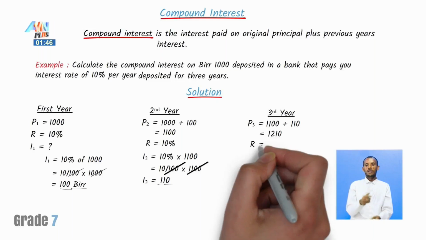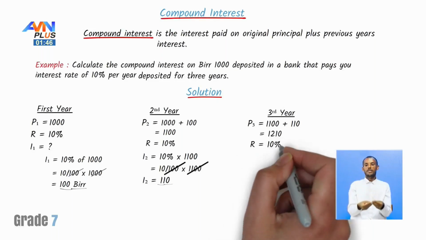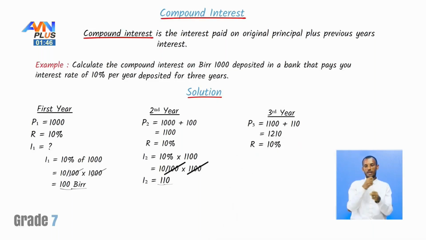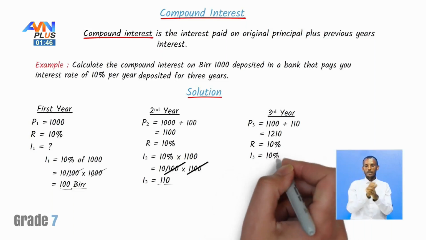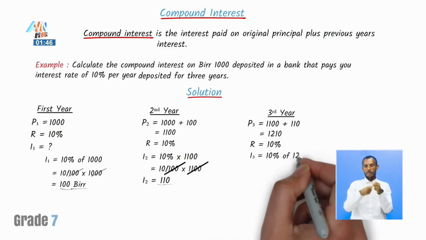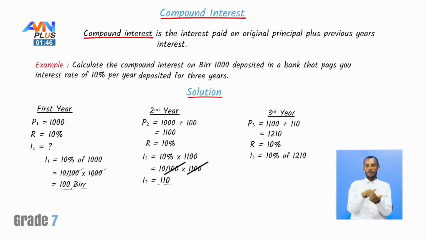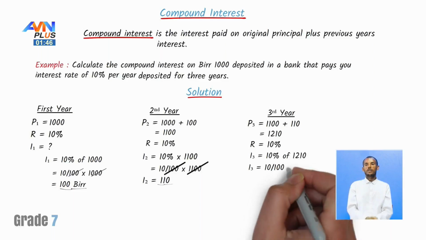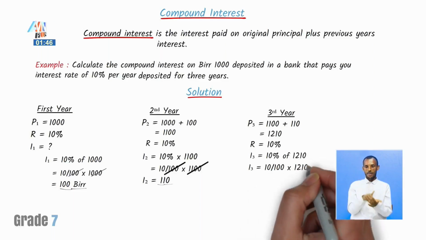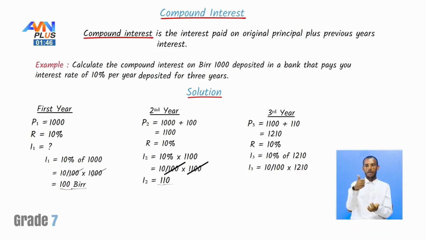Together, these two give you the principal for the third year, which is 1,100 plus 110, giving you 1,210. So this is the money that gives you interest for the third period.